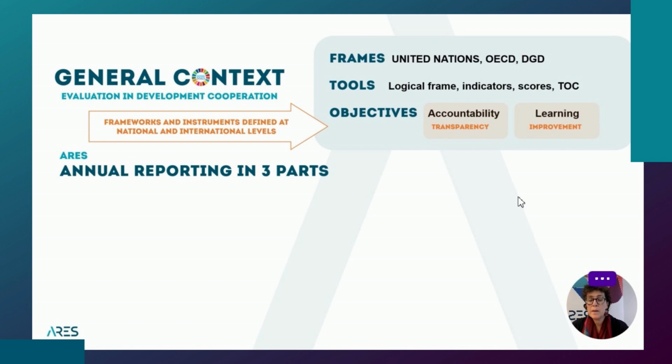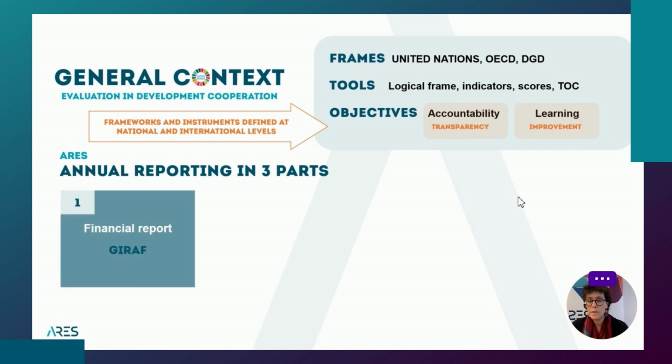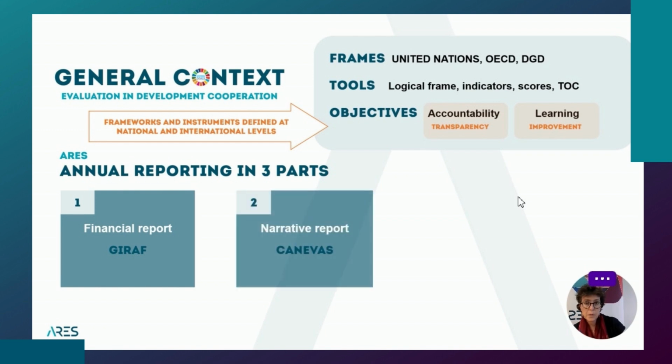The annual reporting has three parts. First is the final financial report, the data must be encoded in Giraffe. Second, the narrative report, a Word template that you normally receive by mail, where you can explain more widely what your project is about, how the year is going, and also formulate a few learnings about your project.